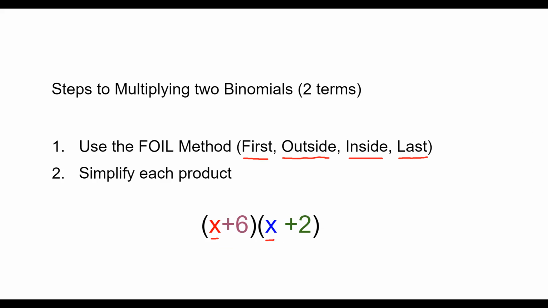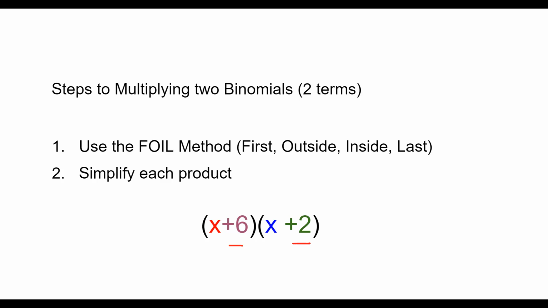Outside means this term and this term, the outside terms of the whole product. Inside then means this term and this term. And last finally means this plus 6 and plus 2.